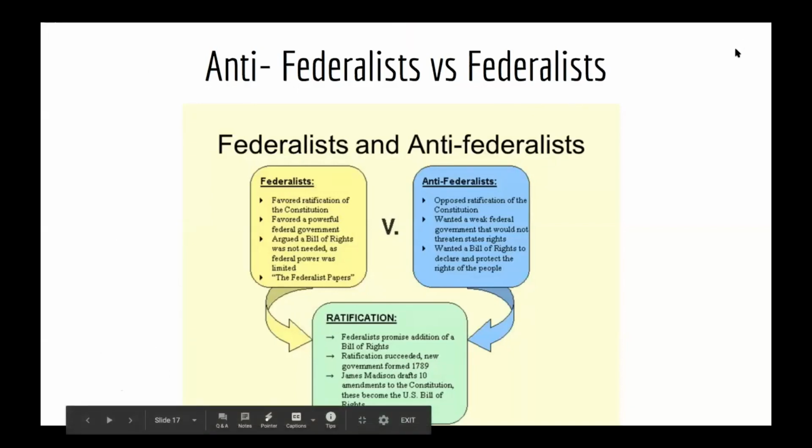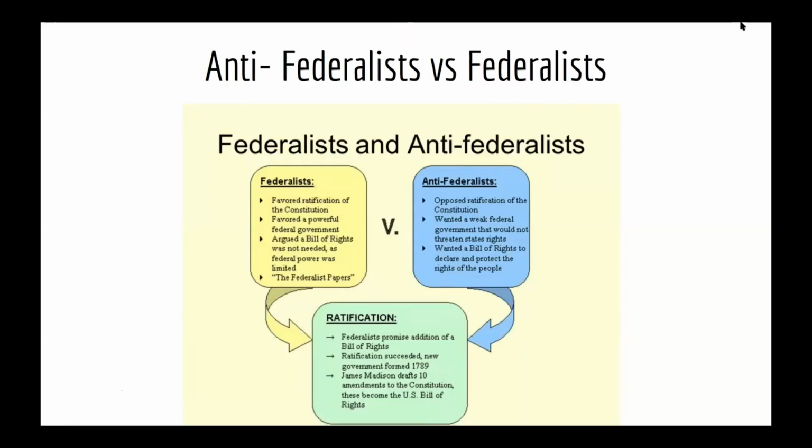After the American Revolution happened, and the Constitutional Convention, we have some form of government from the Constitution, from the Bill of Rights, from electing Washington as president. So we have this conflict between the Anti-Federalists versus the Federalists.